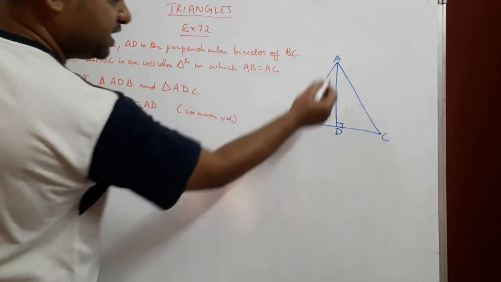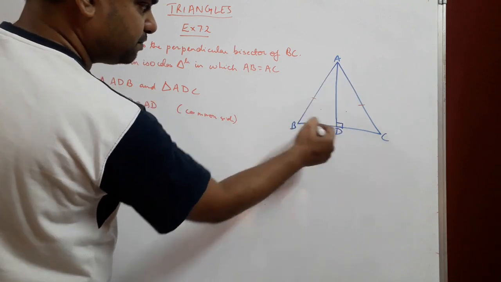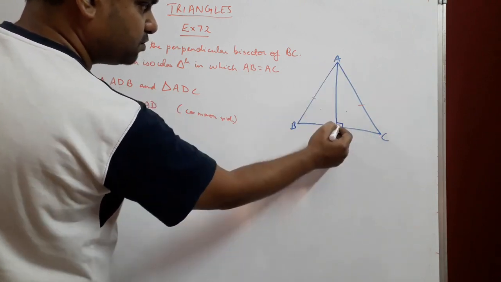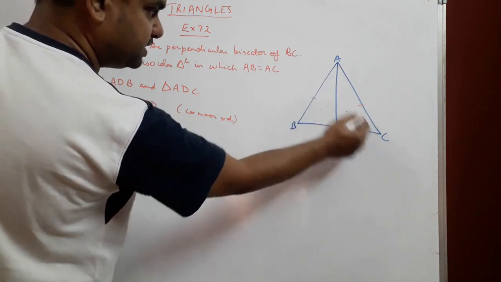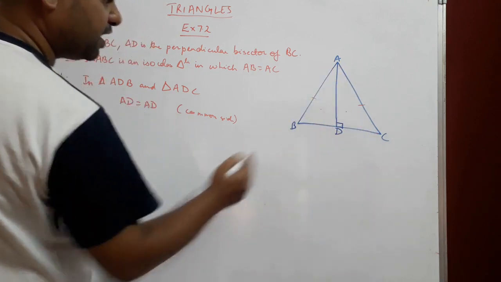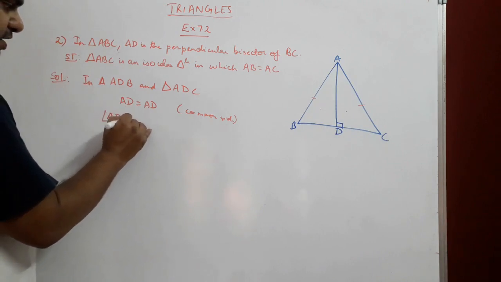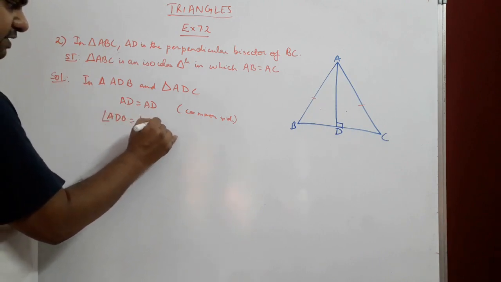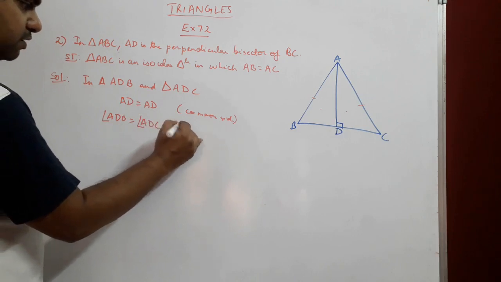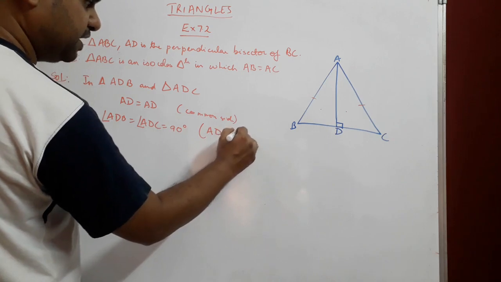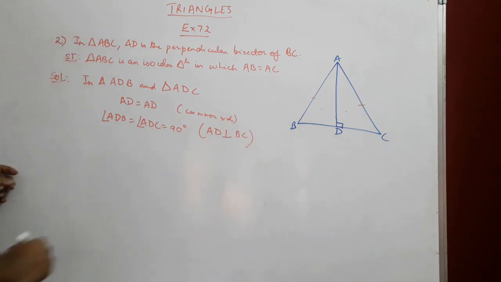AD is a perpendicular bisector of BC, which means angle ADB and angle ADC are 90 degrees both. So angle ADB is equal to angle ADC, because we have been given AD is perpendicular to BC.